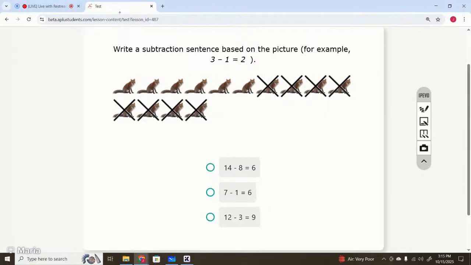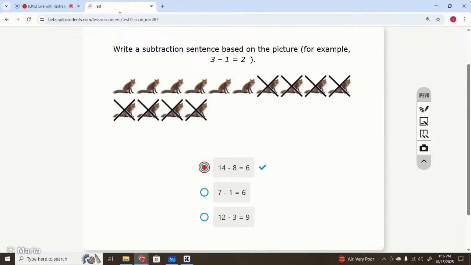Write a subtraction sentence based on the picture. One, 2, 4, 5, 6, 7, 8.